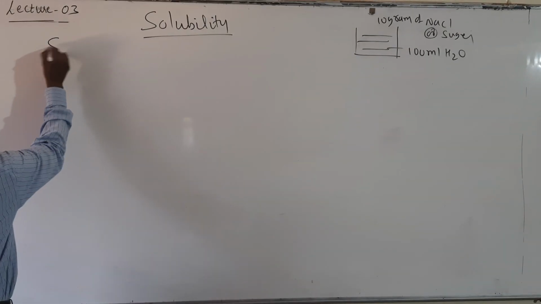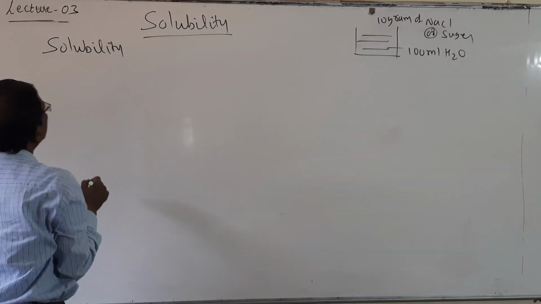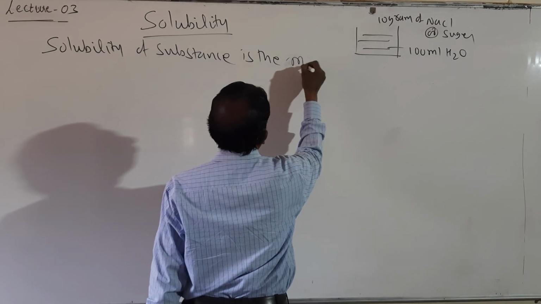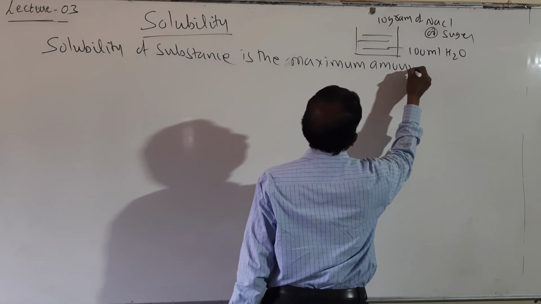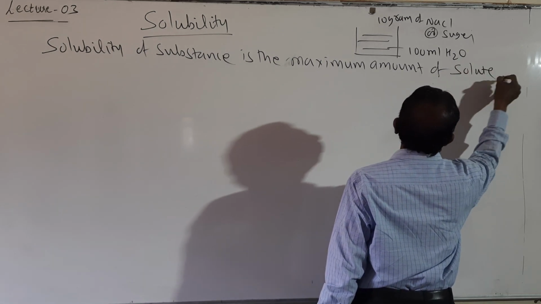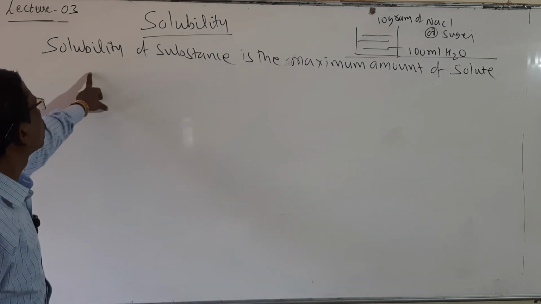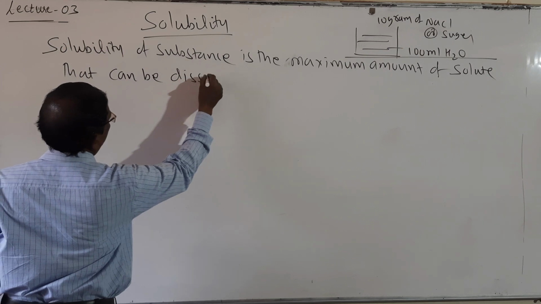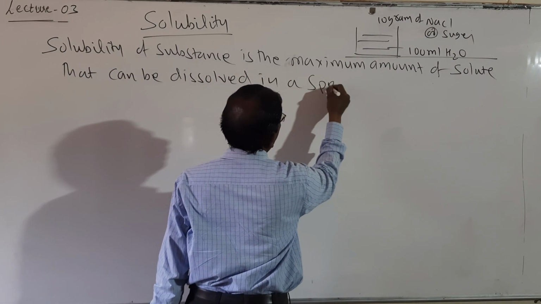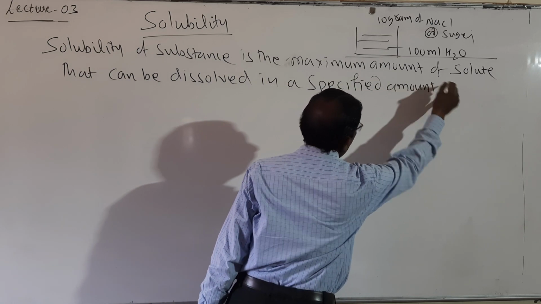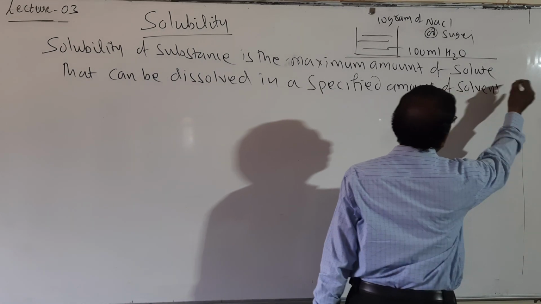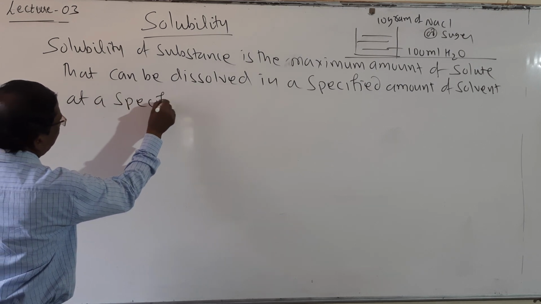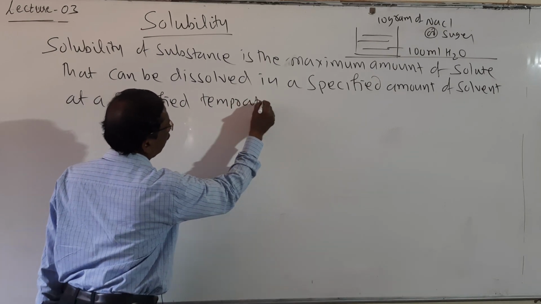Remember, solubility of a substance is the maximum amount of solute that can be dissolved in a specified amount of solvent, or liquid, at a specified temperature.